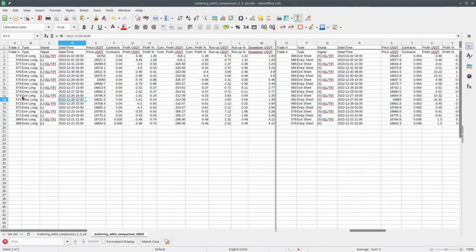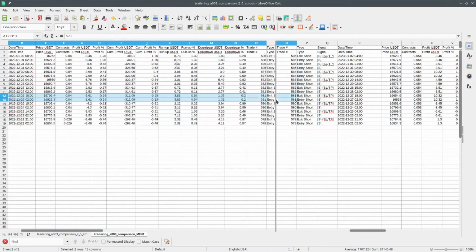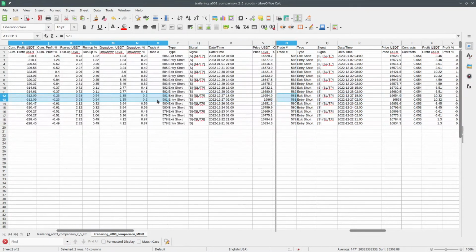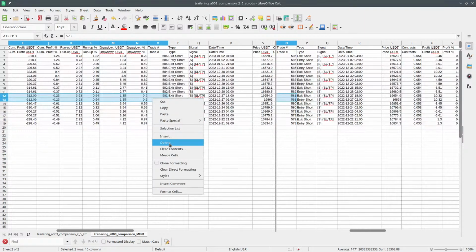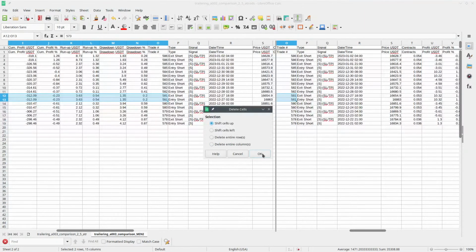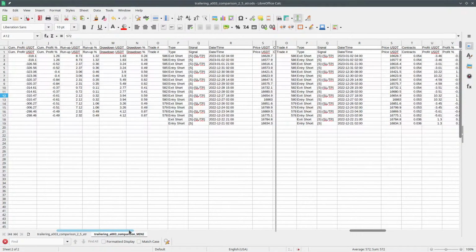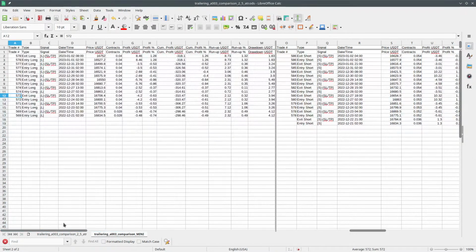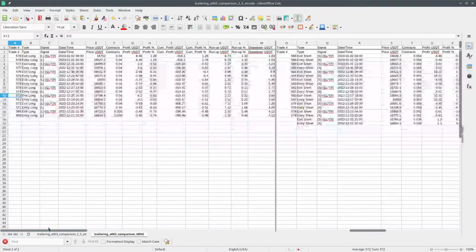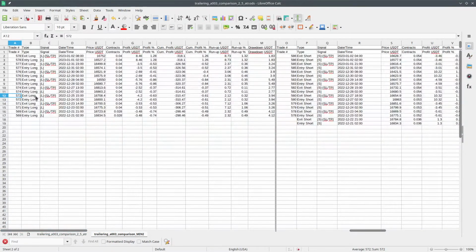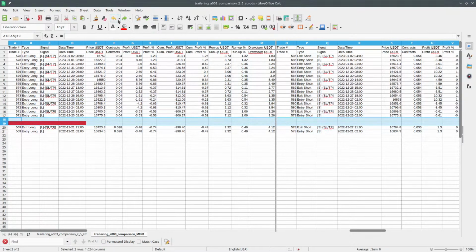So yeah, we want to remove this one, which is like this. So we want to delete, shift cells up. That's right. I mean, maybe not like that, but damn it.